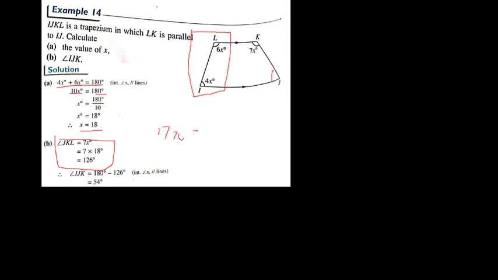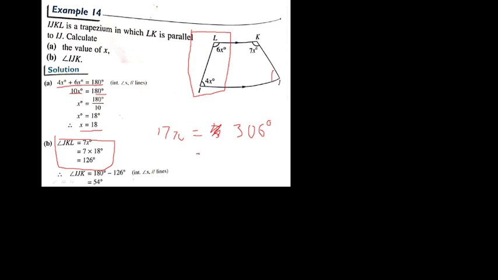So 17x plus this unknown. You can find 17x: 17 times 18, what do you get? 306. So 17x equals 306 degrees.